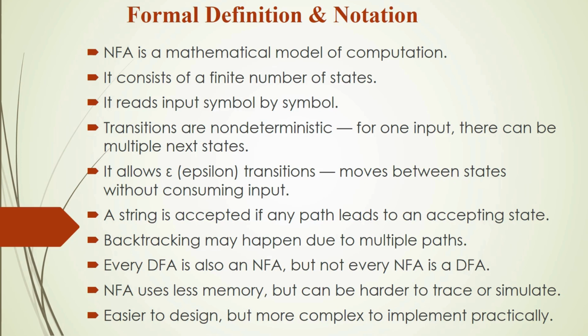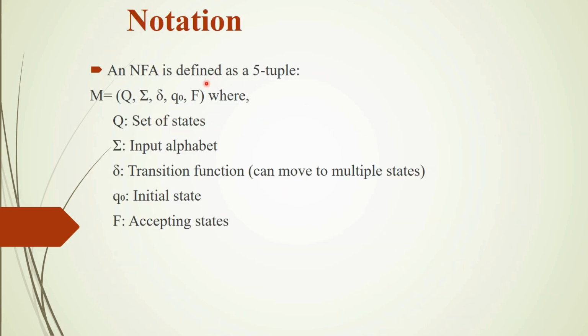DFA had a 5-tuple, right? So the NFA tuple is M = (Q, Σ, δ, q0, F), where Q is the set of states, Σ is the input symbols, and δ is the transition function. Here you can move to multiple states, but in DFA you move to only one state.